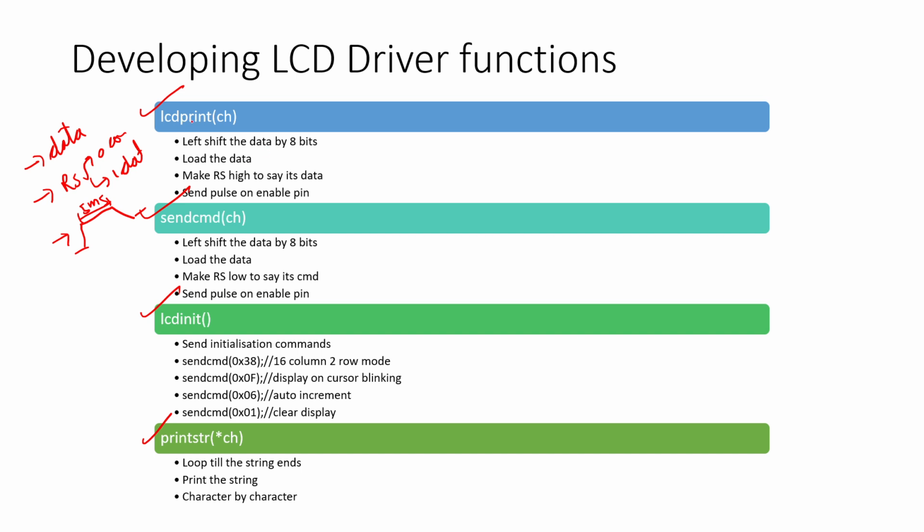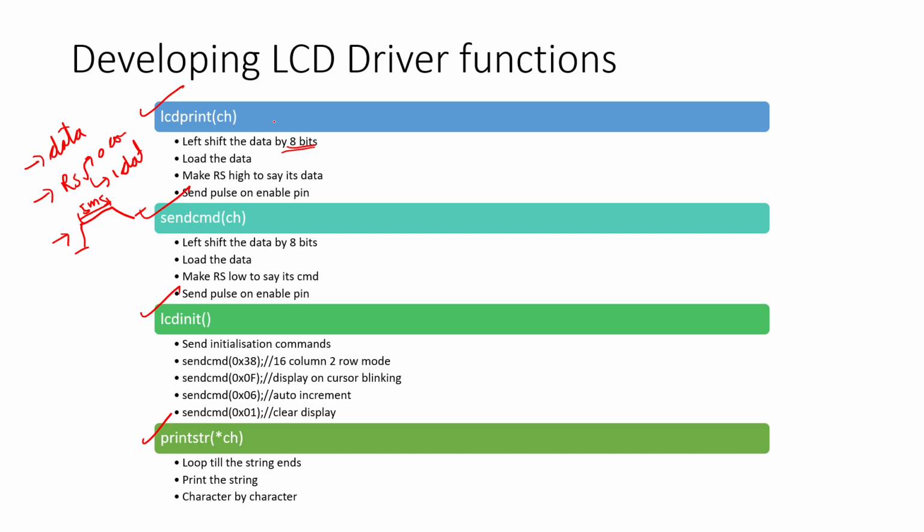So coming to the LCD print function, here we deal with sending data, not commands. First we'll left shift the data by 8 bits. Why? Because we are connecting the LCD to the upper 8 bits of the port, which is from PA8 to PA15. So in order to properly program the pins, we left shift by 8 bits so that all the data will be in the upper byte.